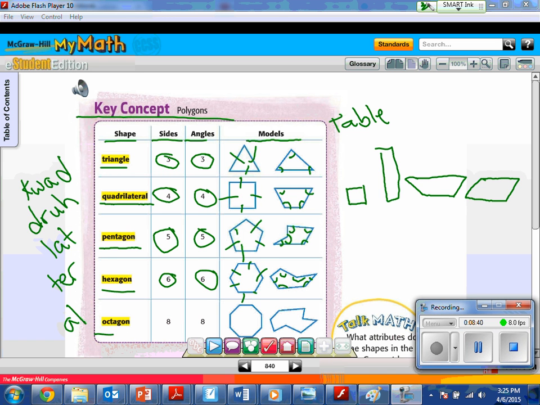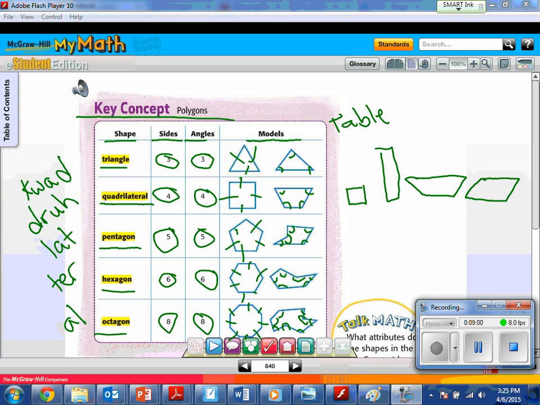And finally, our octagon. Our octagon has 8 sides, 1, 2, 3, 4, 5, 6, 7, 8, and 8 angles. Wow.